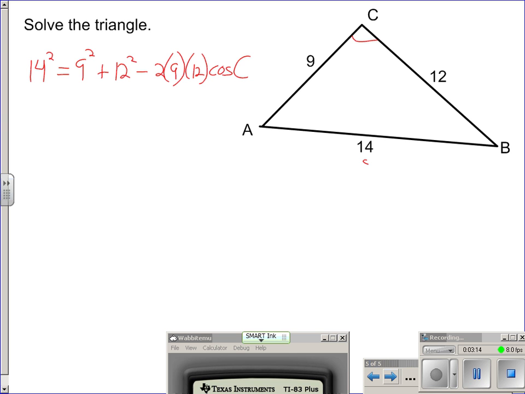Our variable is right there, angle C. Now, there's a very common mistake, but notice, this is a multiplication: 2 times 9 times 12 times the cosine of C.